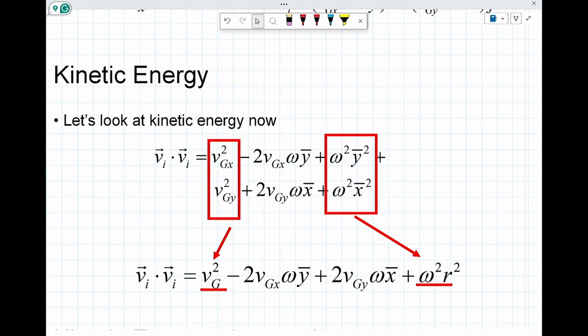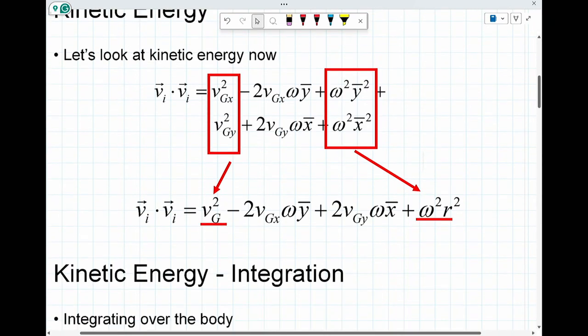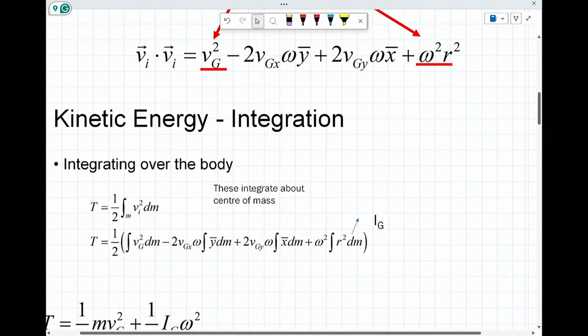And here, v_gx squared plus v_gy squared, you just get v_g squared. So the only thing that's left is those annoying little bits in the middle, and you integrate them away by just going over the entire mass, because if it's at the center of mass, half of the integral in y bar will be equal to the other half of the integral in y bar, same with x bar. So those two terms will disappear.